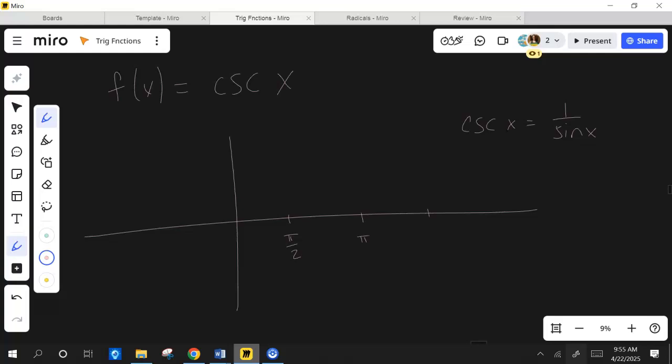Okay, but give it to me in radians. Where are you at? 0 or 2 pi, right? So at 0, sine is 0, right? So that means I'm going to have an asymptote for the cosecant graph.